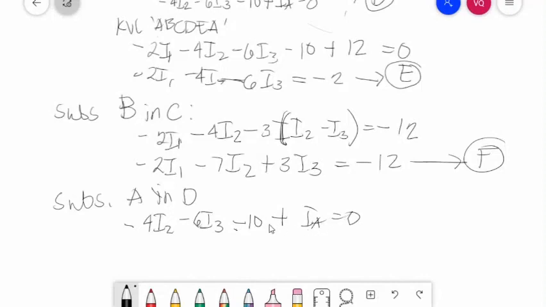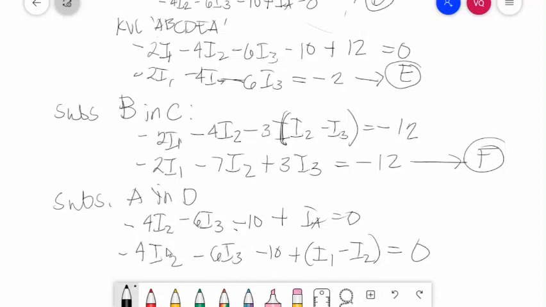So I will substitute equation A: negative 4I2 minus 6I3 minus 10 plus I1 minus I2 is equal to 0.